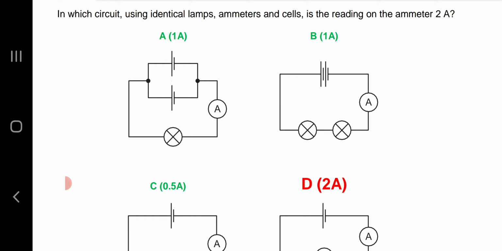In option B, again 1 ampere will flow through these two lamps because the batteries are connected in series and the voltage is doubled, but the resistance offered by two lamps is also doubled, so 1 ampere will continue to flow in configuration B.